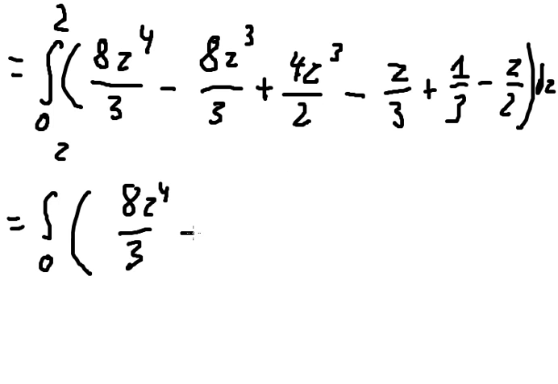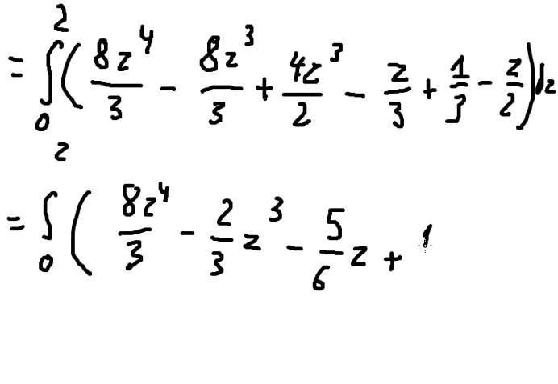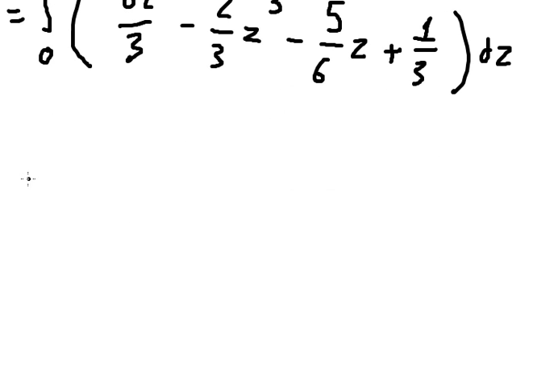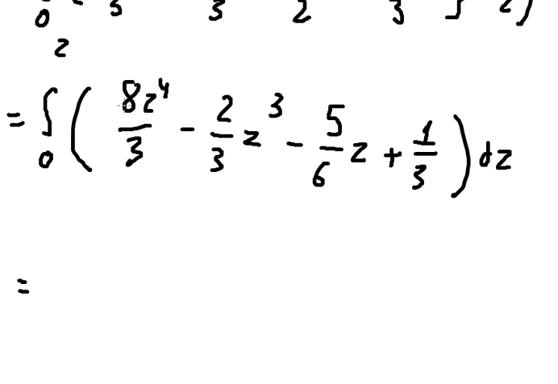So we have negative number 2 over 3 z to the power of 3. This one and this one we have negative 5 over 6 z, and this one we have 1 over 3. So we apply the same formula of the power in integration.